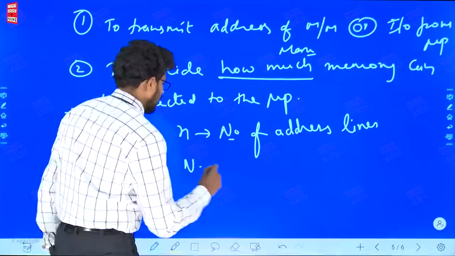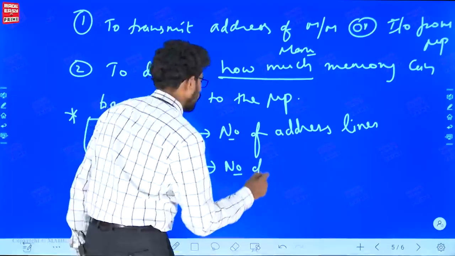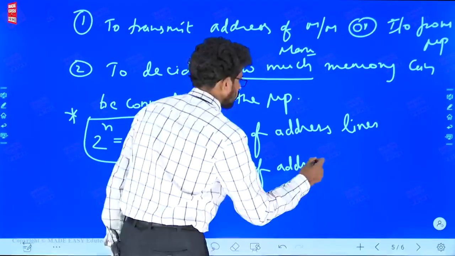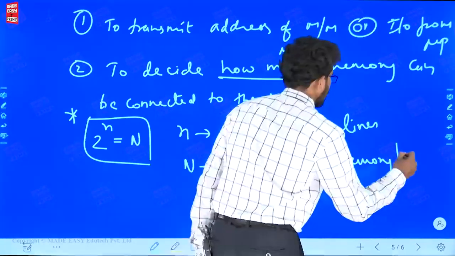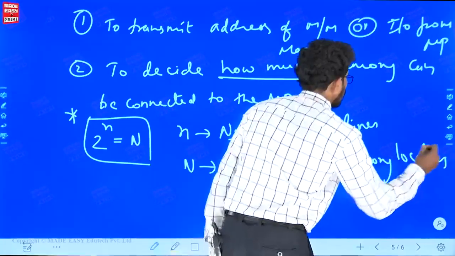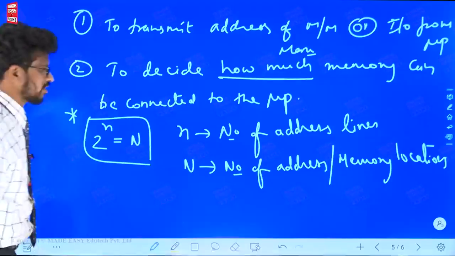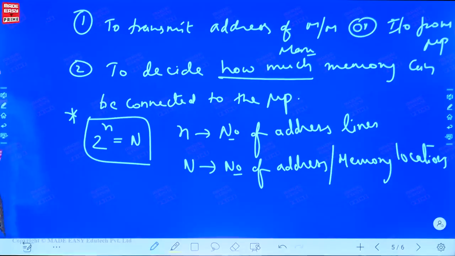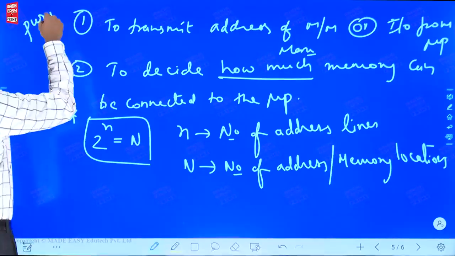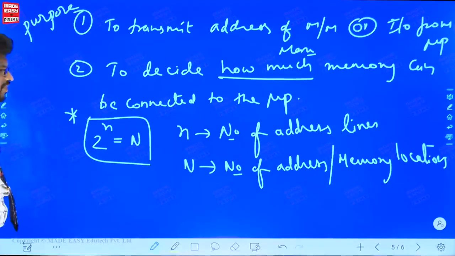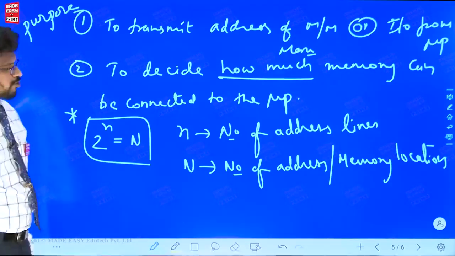Similarly, capital N indicates the number of address or memory locations. What does it mean? We shall discuss in the problems. So this is the first parameter, the purpose of the address bus.